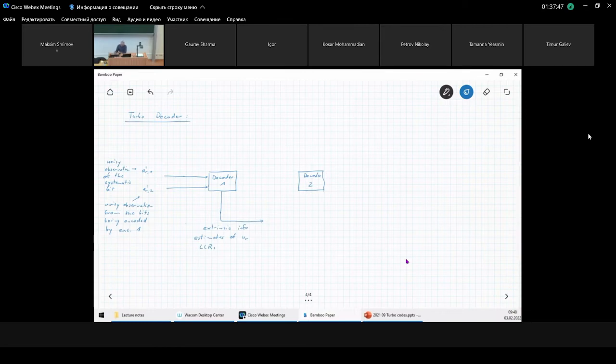It depends a bit on how far we get today if I can actually tell you how this decoder extracts its information from processing the trellis diagram and using the noisy observation. For now, we do not know how this works, but just assume that from observing these values, these sequences, this decoder can come up with some estimates.